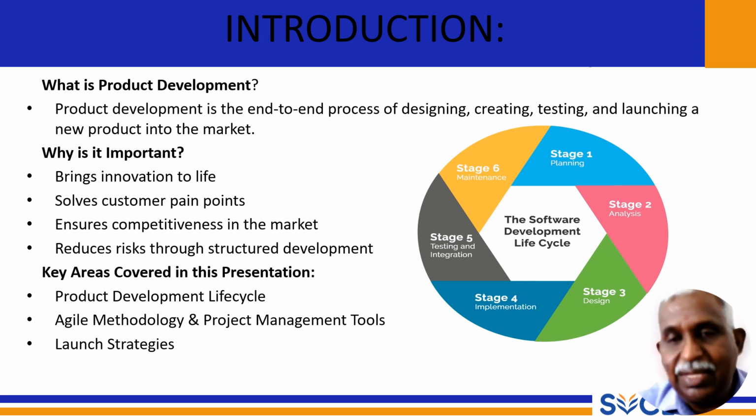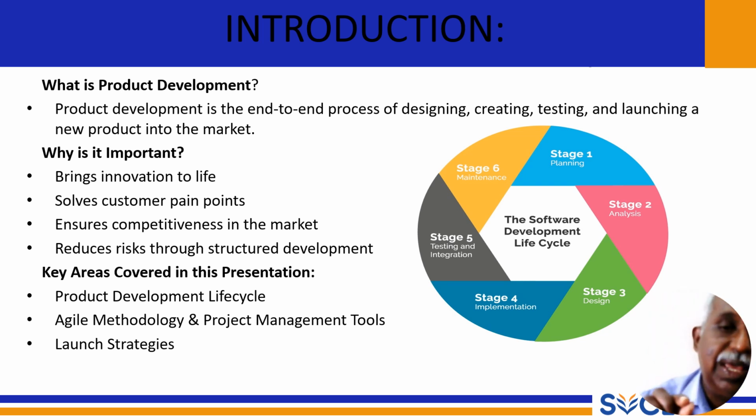So, what are the things important for product development? First one is bringing an innovation to life, solving the customer's pain, and ensuring competitiveness in the present market. At present, what is the market pain?